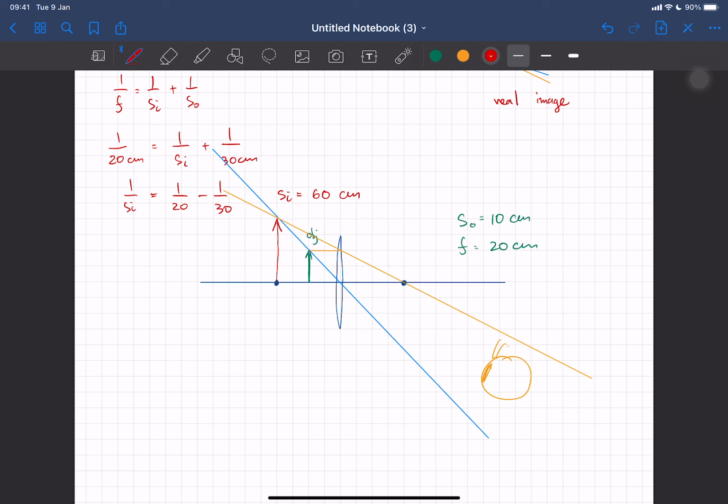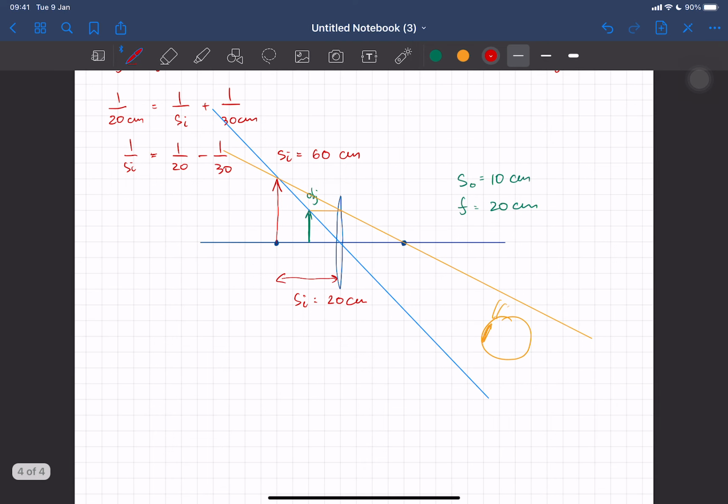So the image is probably here. Remember the line that I extend here is supposed to be a dashed line, it's not the actual light ray. So by this drawing, the distance of the image Si here will be 20 centimeters also. It happens to be the same as the focal length, but that's just an accident. It can be any other value.